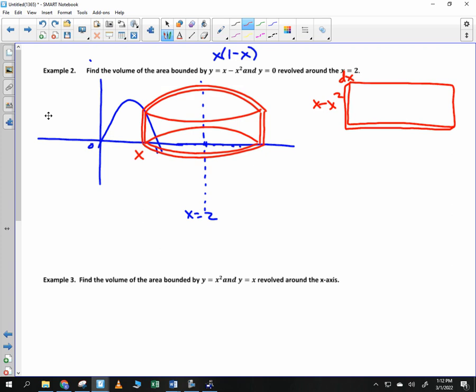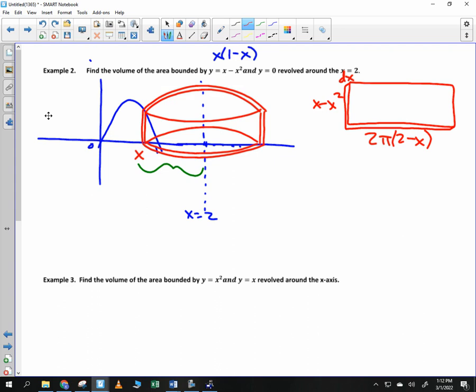How do I determine the length of the rectangle? Circumference, which is 2 pi times r. We need to determine the radius. Somebody tell me. I'm not rotating around 0 anymore. I'm rotating around x equals 2. What's the distance here? Right minus left. 2 minus x. Thank you.